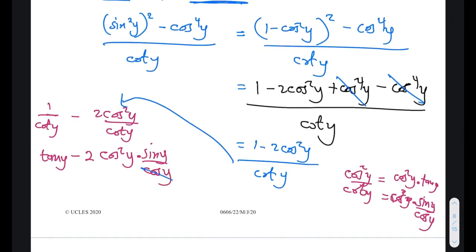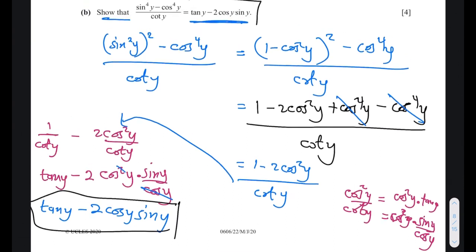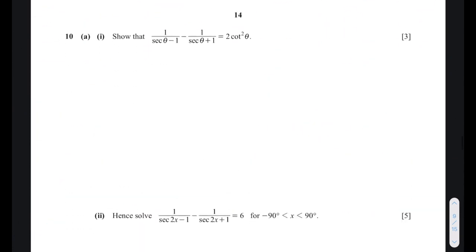Now this cos will cancel one of these, so we have tan y minus 2 cos y sine y, and that is basically what they wanted us to show right here. Okay, good.